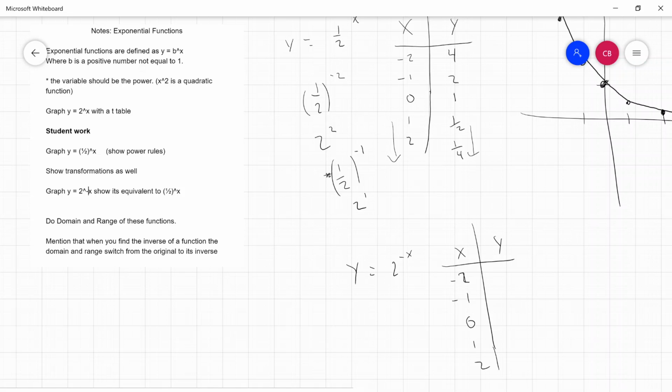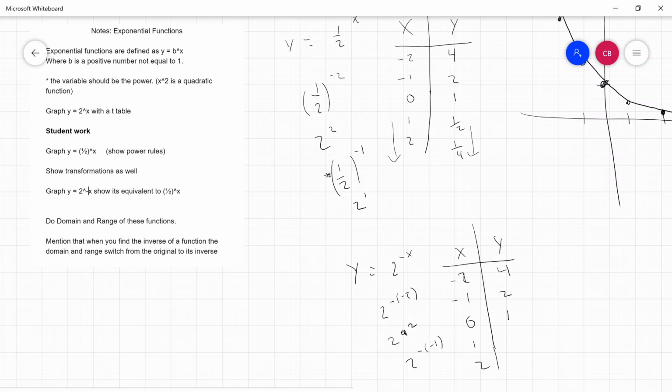So if I plug negative 2 in, I have 2 to the negative 2, which is 2 to the 2, which is 4. 2 to the negative 1 is going to be 2 to the 1, which is 2. And then we have 2 to the negative 0, which is 1. It's always 1 because 0 will give us 1 every time for the power.